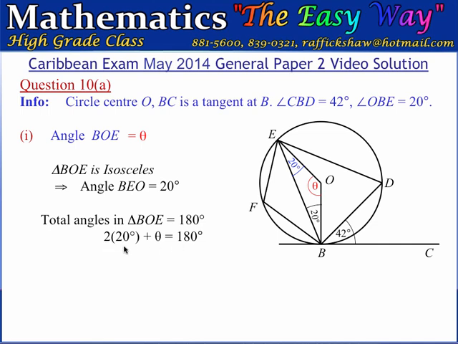The 2 times 20 degrees is 40 degrees, so to find theta, we subtract 40 degrees from both sides. Theta is equal to 180 degrees minus 40 degrees, and so theta is 140 degrees. Angle BOE is 140 degrees, and that's the answer for part 1.